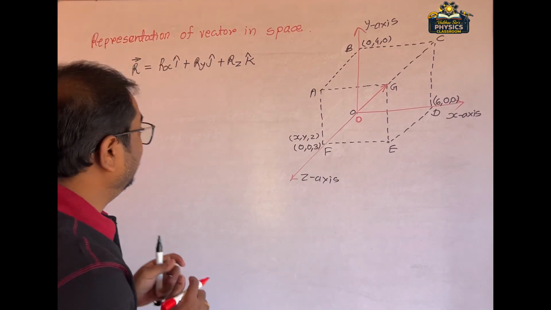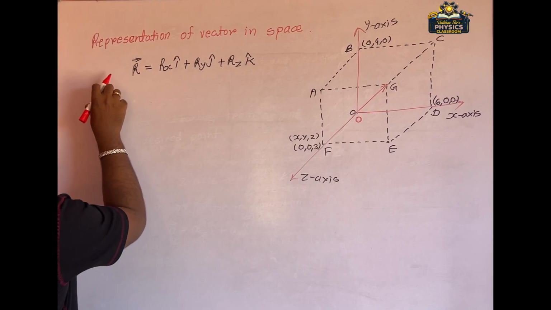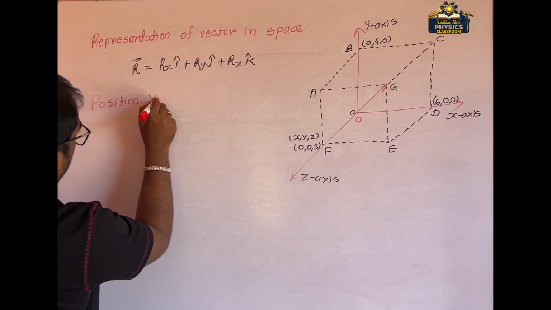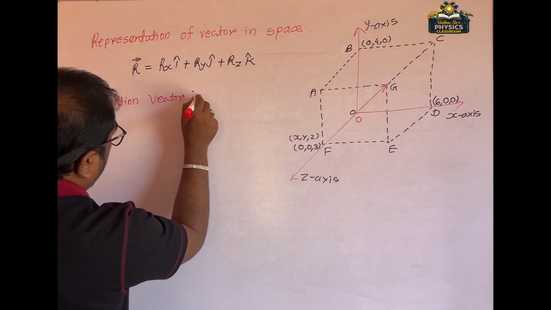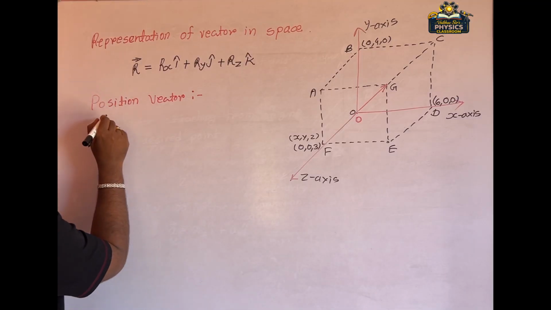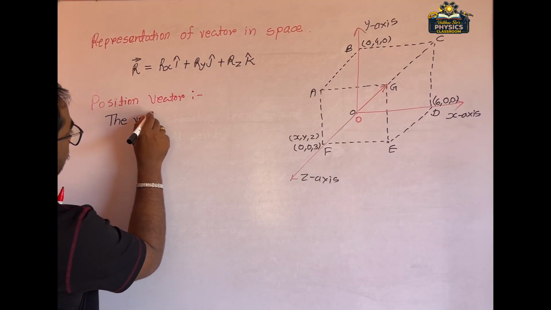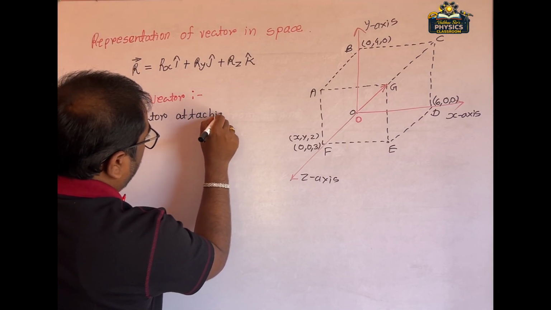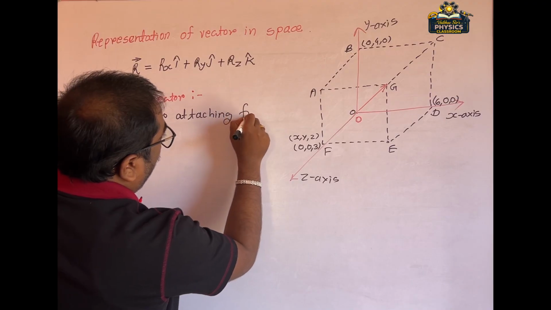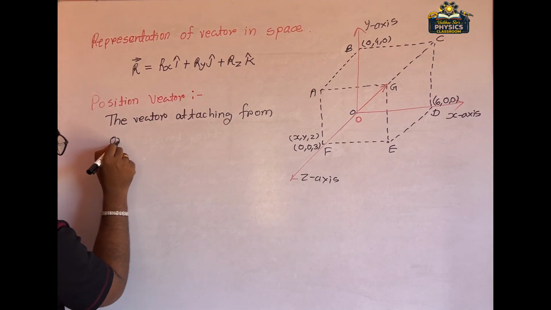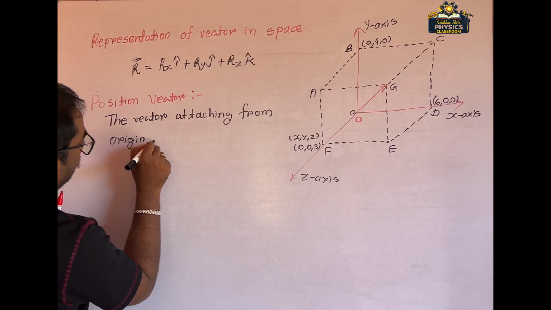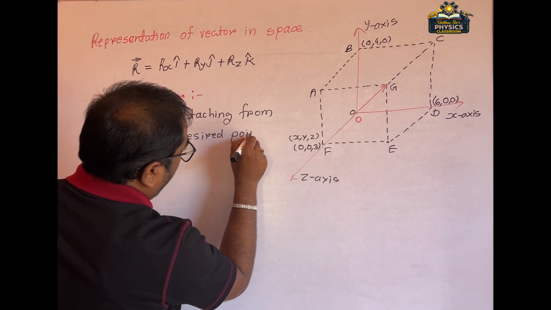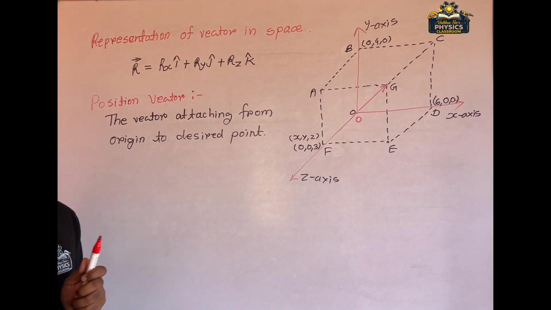So, what is the definition of a position vector? It means the vector attaching from the origin to the desired point. Alright.